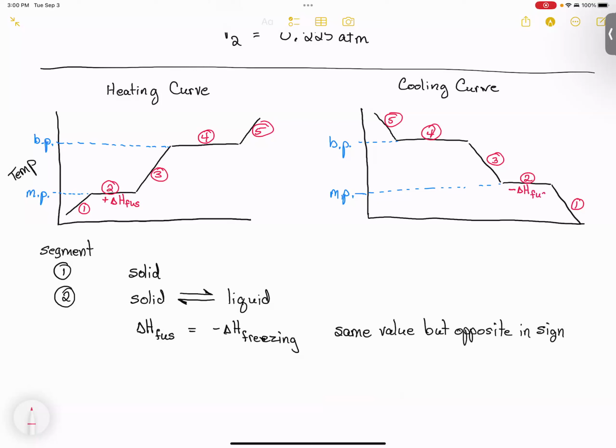The reason we don't call it the negative delta H of freezing at that point, even though technically that's what it is, is because when you go look up these values, they only give the delta H of fusion. So although this is technically the delta H of freezing, because you have a liquid freezing and depositing to form a solid, we don't call it that. We just use the negative delta H of fusion because they're the same value. They're just opposite in sign.